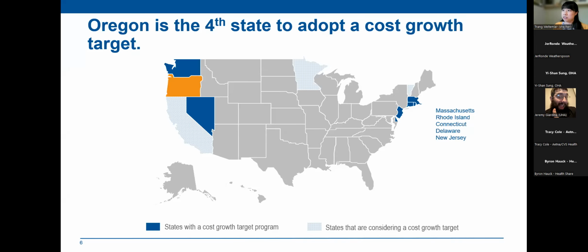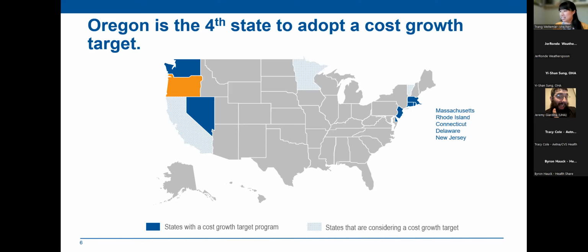If you will notice, this map is slowly expanding. Sorry if you can't see some of those filled patterns, but what this slide is essentially showing is we are not alone in having this type of cost growth target program in our state. And we're certainly not alone in collecting the data this way.